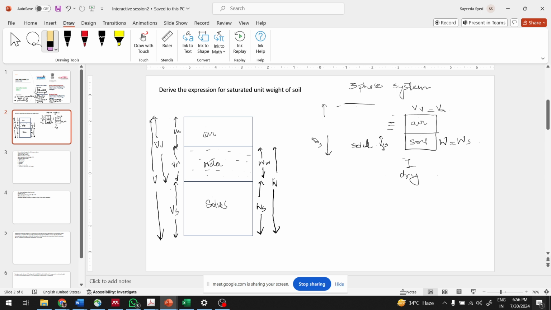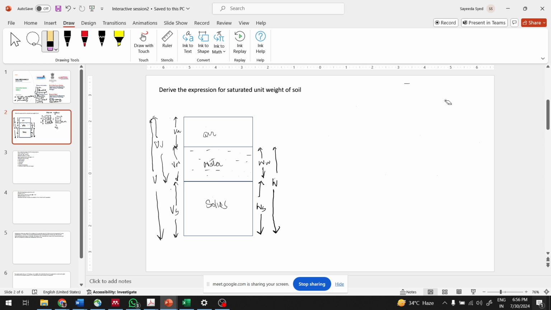So now what we have been asked, okay, I was mentioning that the three-phase system gets converted into a two-phase system in two cases. First is the dry soil, in which you only have a weight of solids, which becomes the total weight. These are the solids, this is the air.